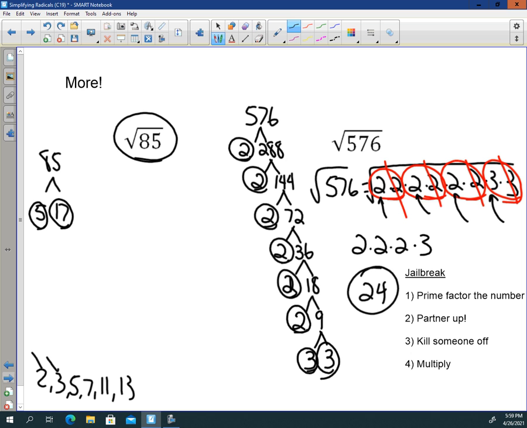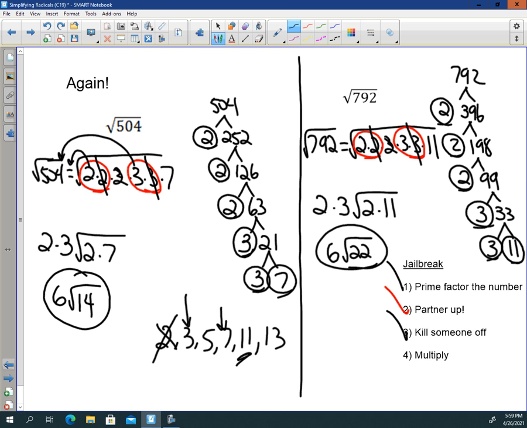And if you take 576 and you take the square root of it, you get 24. So this is a couple of special cases that you should see. Most of the time you're going to get answers that look like these, some number times the square root of another number.